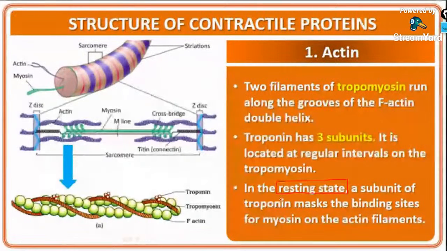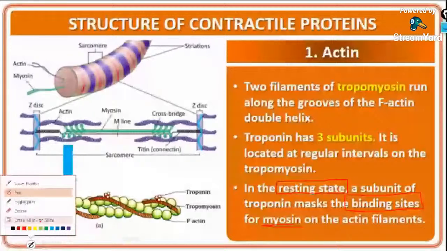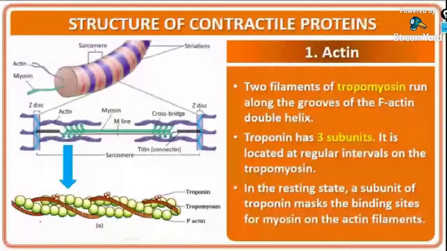When no muscle contraction is taking place and all the muscles are relaxed, a subunit of troponin masks the binding site for myosin on the actin filament.